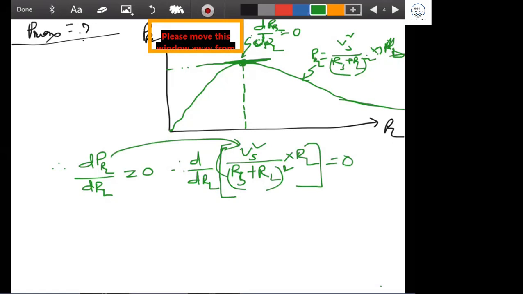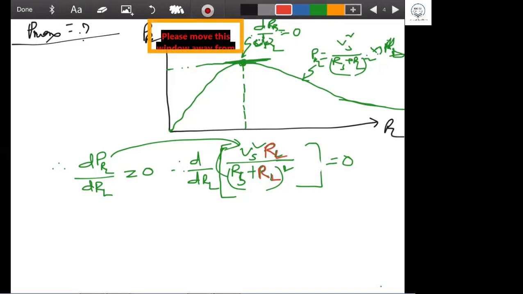Now it is something like the U by V formula. RL is on the top, and I am going to write this RL with the red pen. This is the only variable thing.